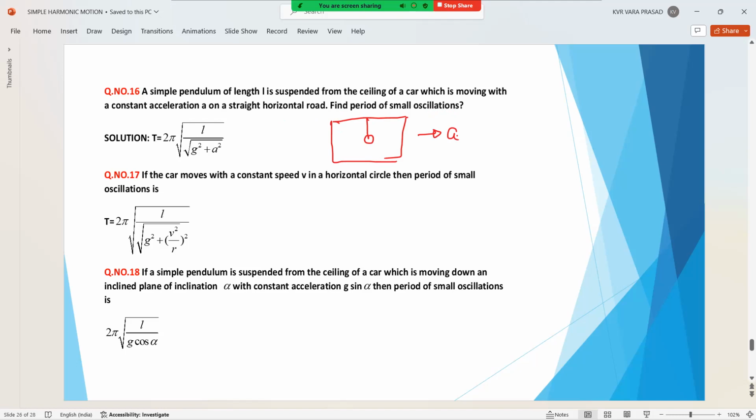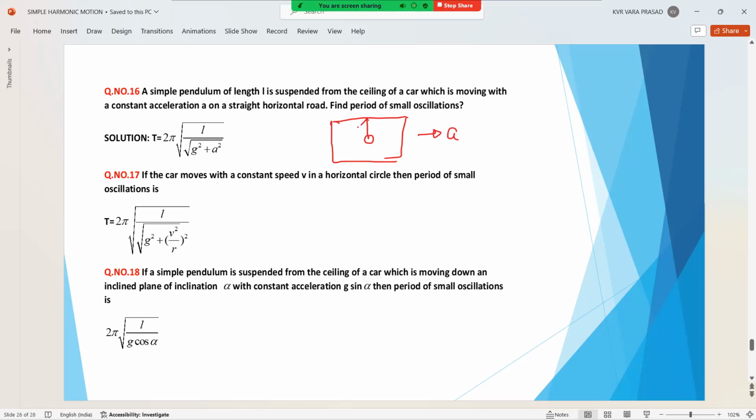Now again, solve this problem from the car frame, because in the car frame we can see only oscillations. But the car is accelerating, which is a non-inertial frame, so we have to include pseudo force.